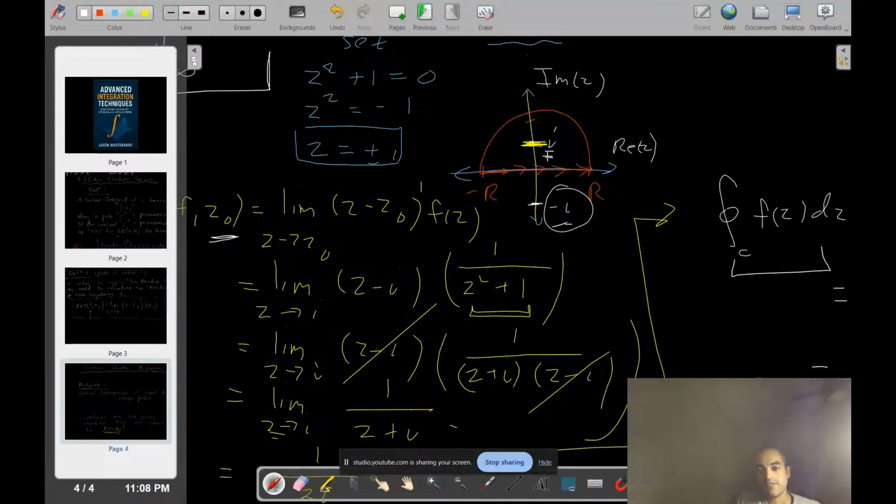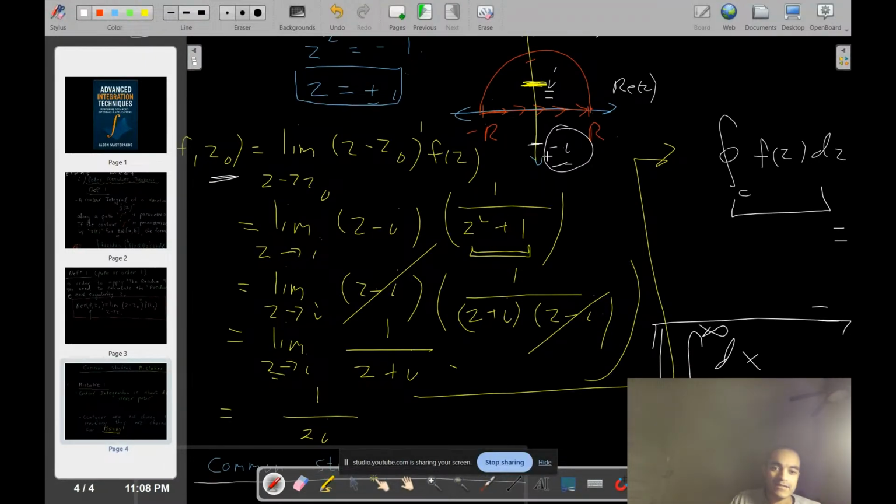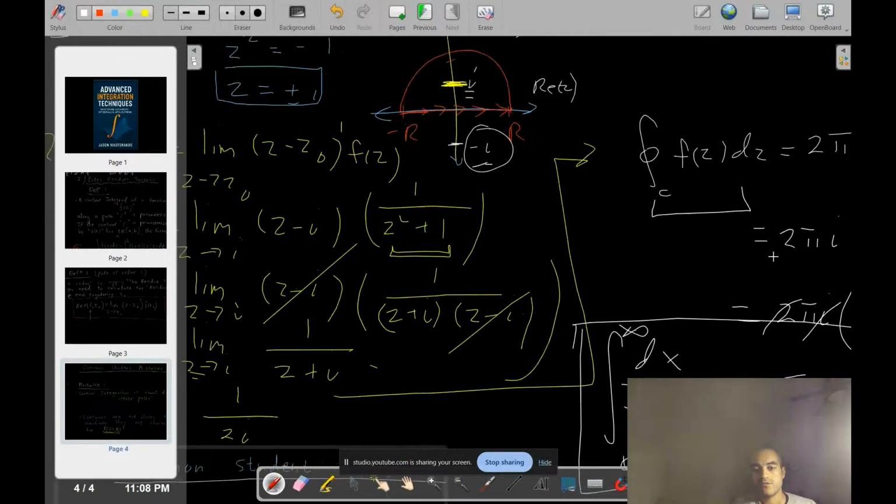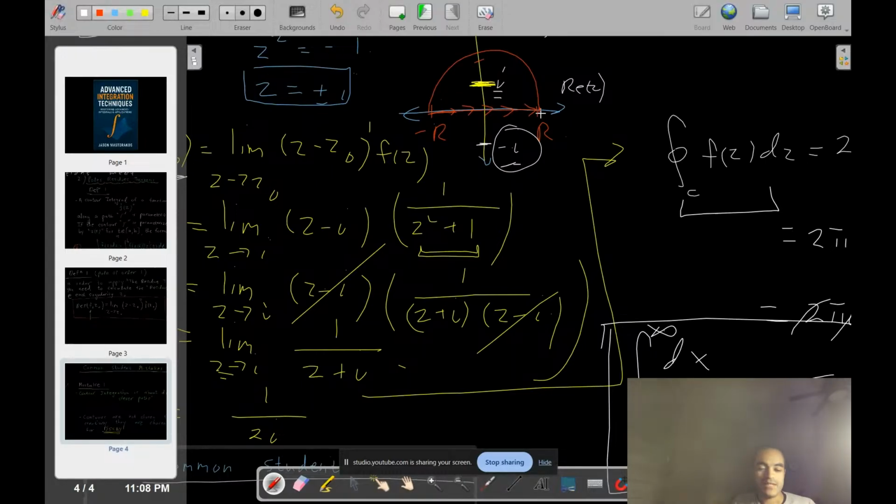You can't choose both unless you had a circle that enclosed both i and negative i, and then you added the summation of the residues. But we never choose a full circle when doing these, because quite often when we're using the contour, we're choosing either an upper or lower semicircle in the cases so far.